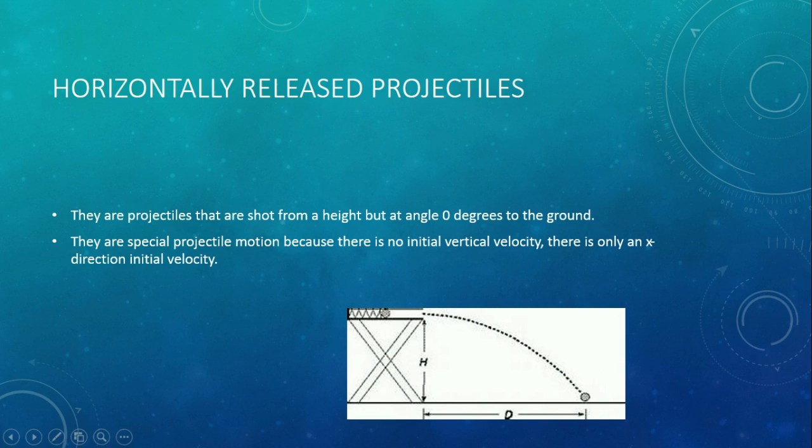Their velocity in the y direction is 0. But they have a horizontal velocity. They only have an initial horizontal velocity. So the horizontal velocity is in this direction, but the vertical direction, like this, has a zero as its component.